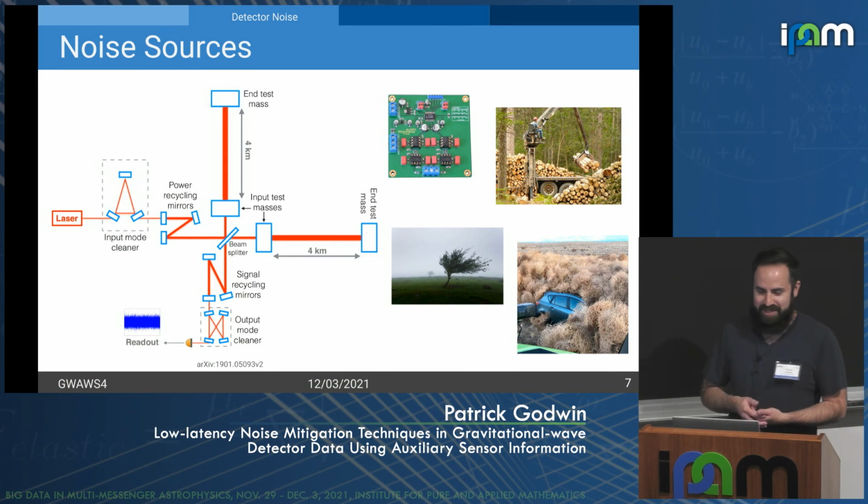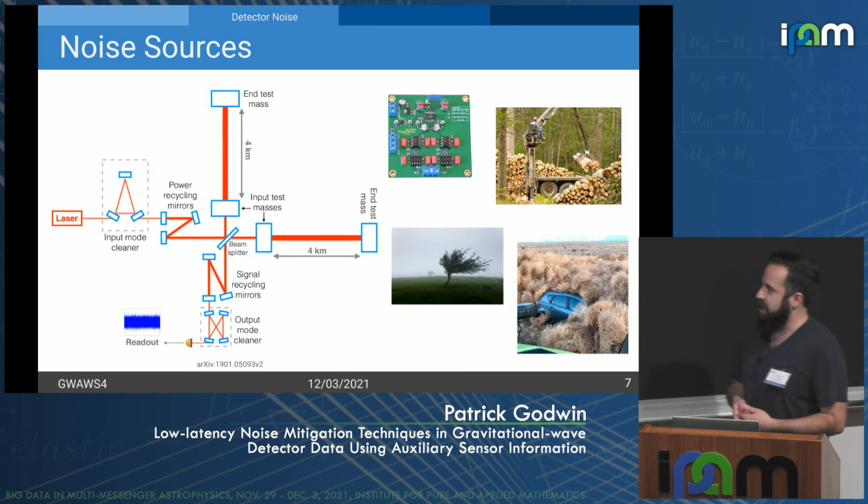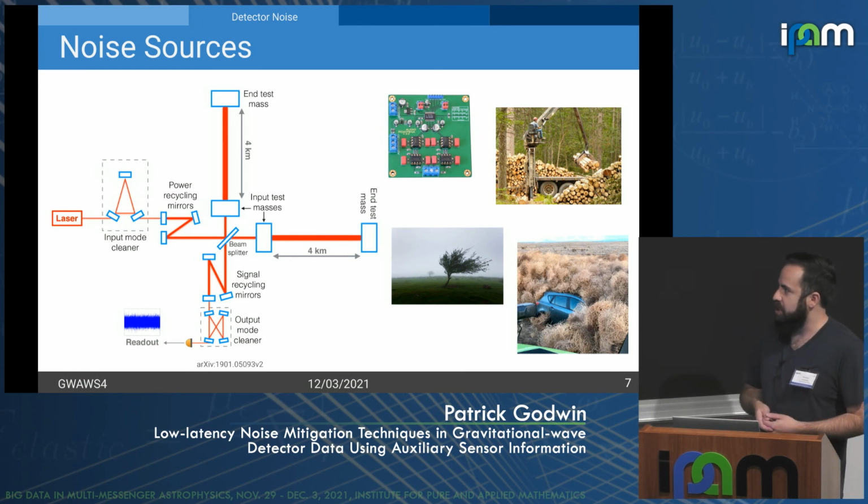Now, noise sources. The detector is a very complex instrument. On the left here, we have the optical configuration for this. So there are many ways in which noise can couple into the detector. For example, we saw some examples of scattering earlier, photodiode saturations, many other places where it can come from the detector itself. But in addition to that, we have sources of environmental noise that pop in.